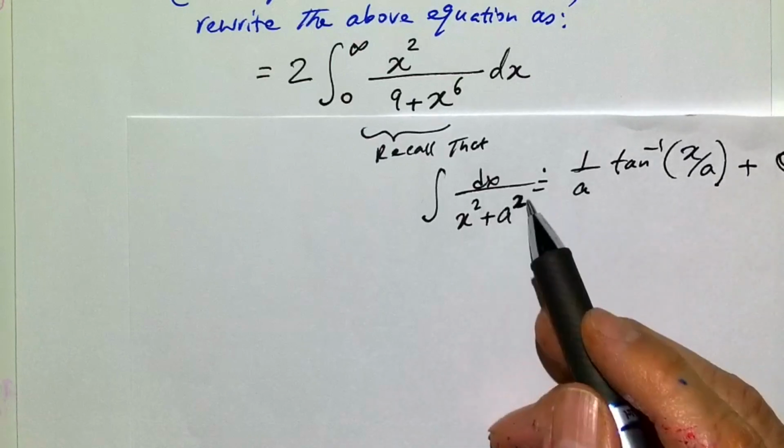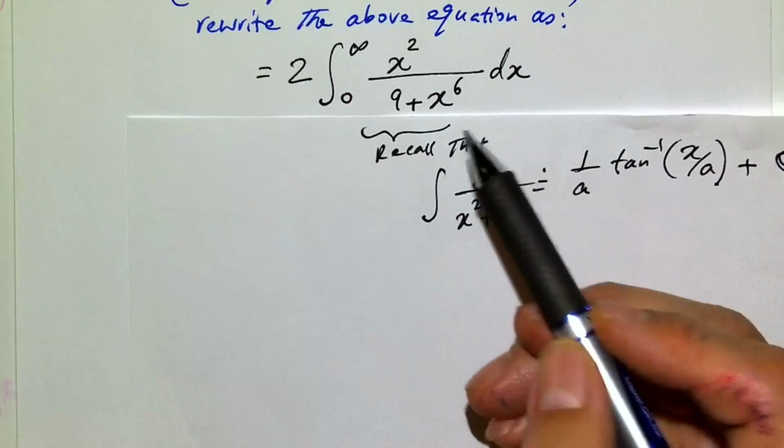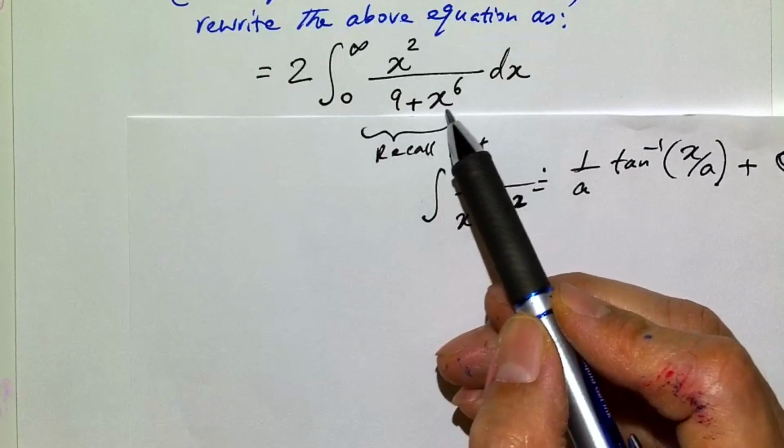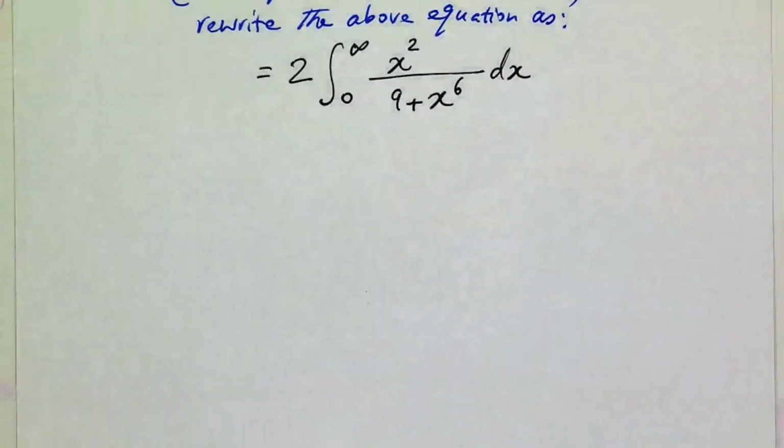I wanted to briefly mention this because it's helpful if we can write this denominator as a perfect square, so x cubed squared. So let's do that.